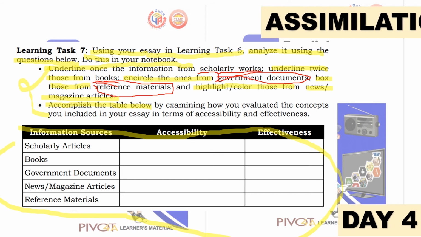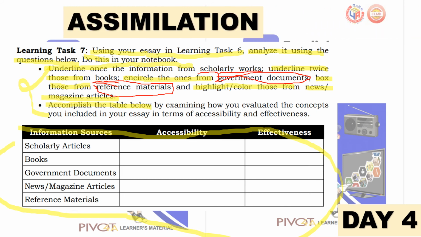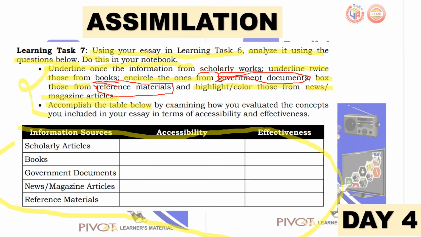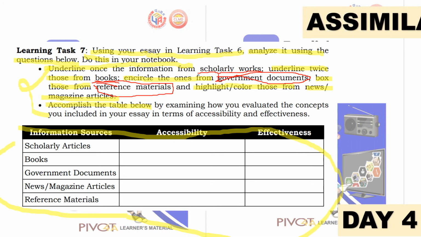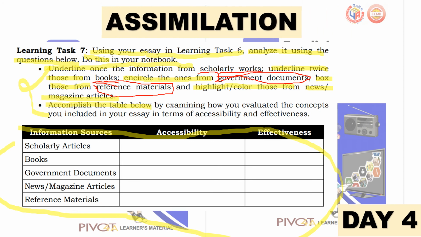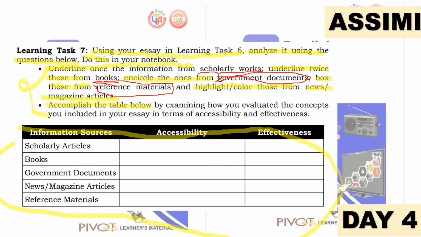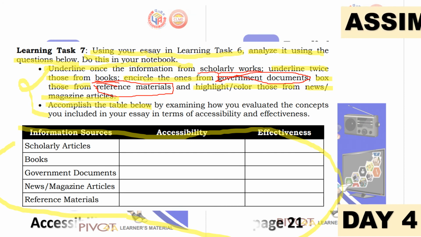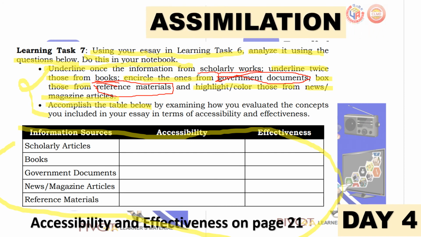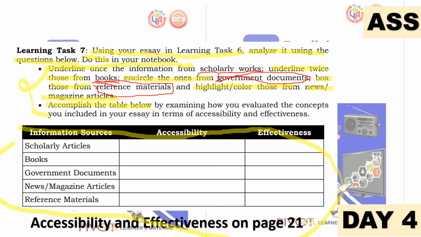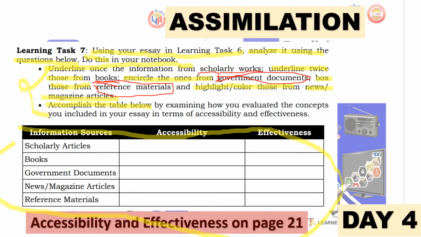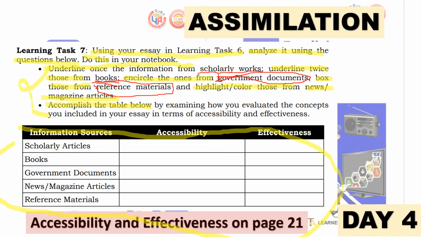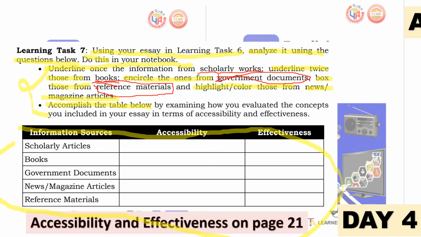If the information is from scholarly articles, you will analyze whether its accessibility is good or not, together with the effectiveness. To guide you in answering this, you may refer to page 21. Again, accessibility and effectiveness on page 21 of your Week 4 module.